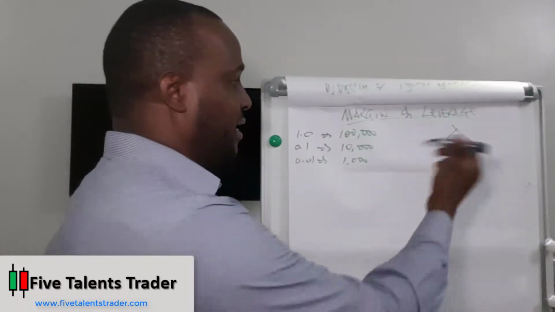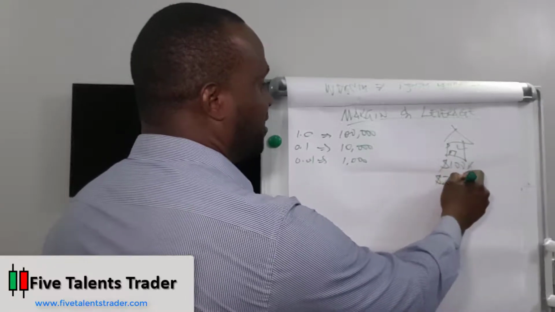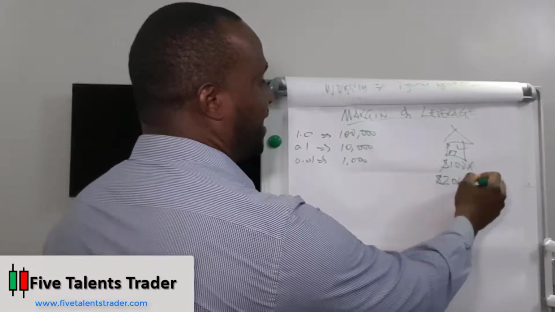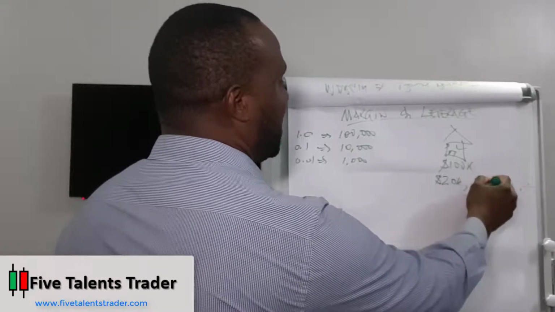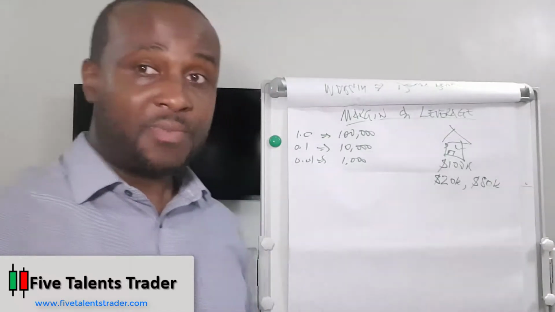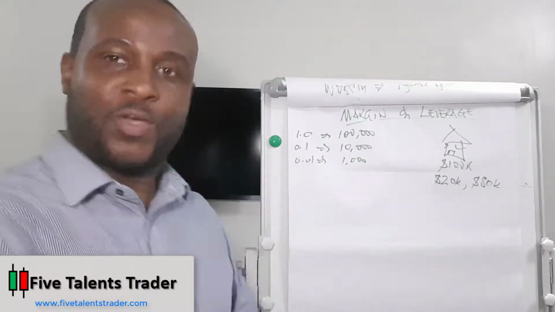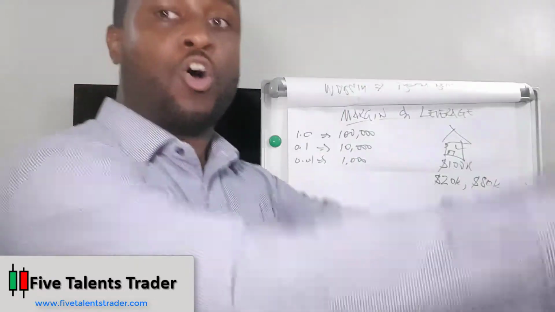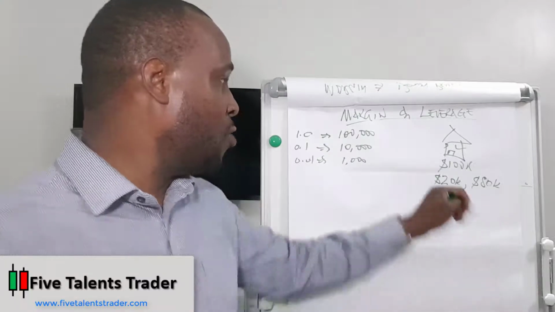So let's say with an example, the borrower goes in with a down payment of $20,000, and the bank then provides them with $80,000, and that is actually leverage. You're able to put up $20,000, but you can control $100,000. That's absolutely leverage. So that's 1 to 5.